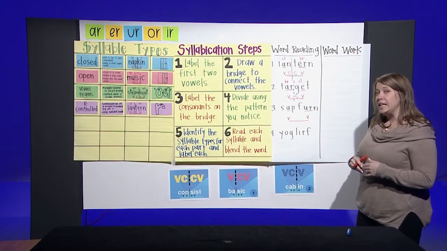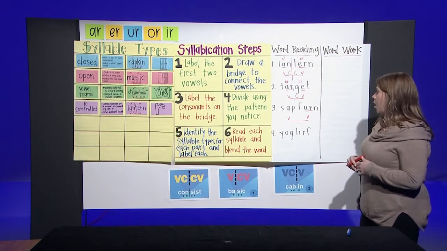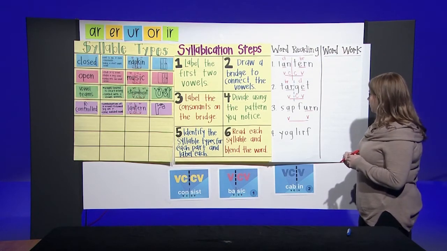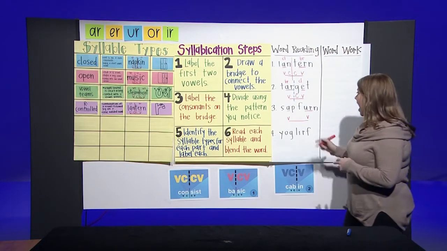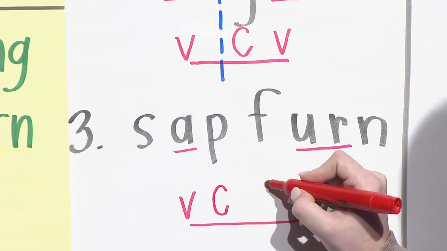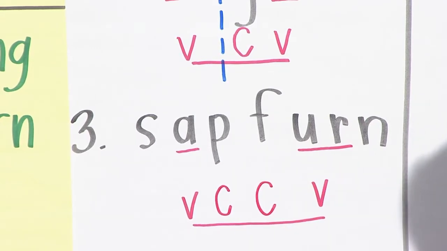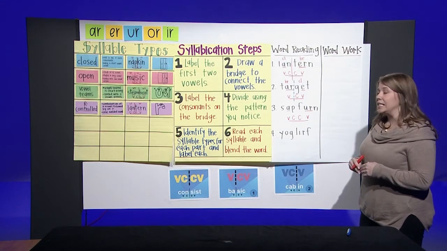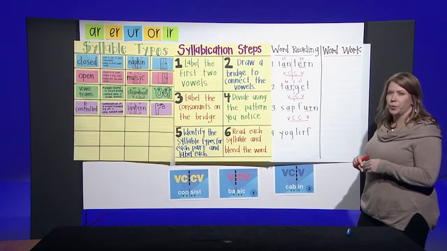Step 3 asks us to label the consonants on that bridge. What consonants do you see? I see consonants P and F also. Step 4 asks us to divide using the pattern we notice.